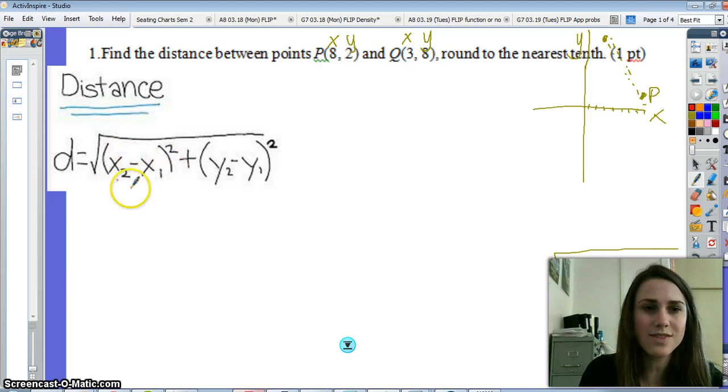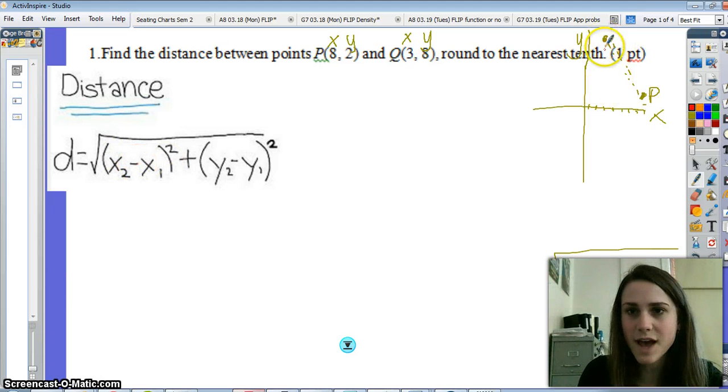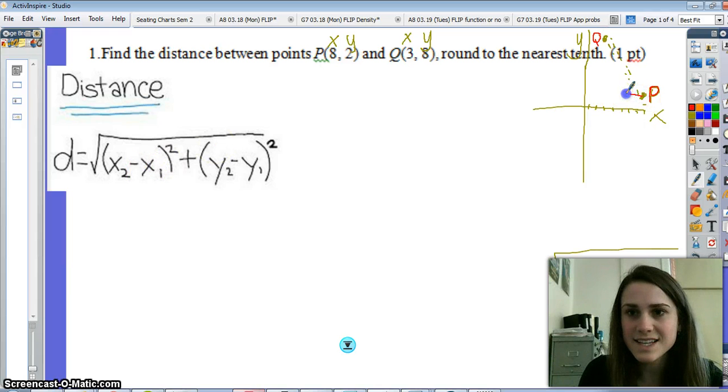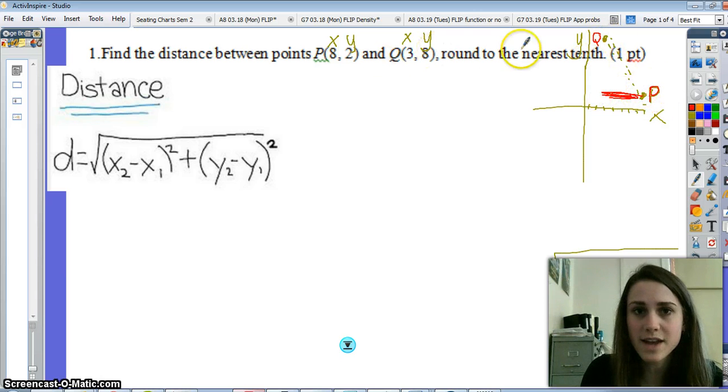So the distance between the x's, what that means is if you had these 2 points, our P and our Q, oops, I forgot to label that Q. So here's P and here's Q. The distance between their x coordinates is this distance right here, okay? So we have P and Q, and they each are given by an x and a y coordinate. This distance right here is the distance between their x coordinates.